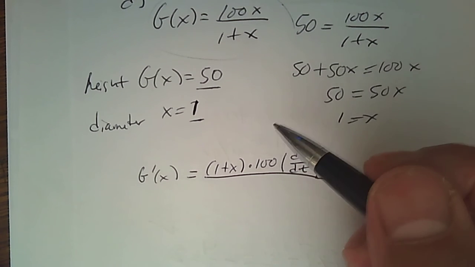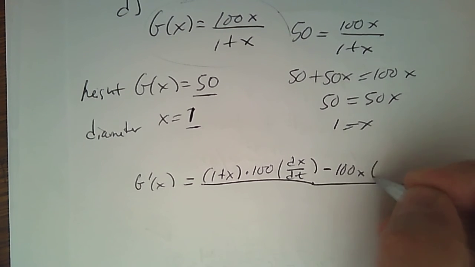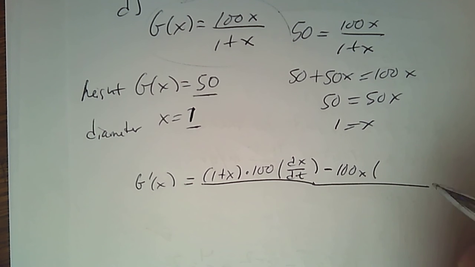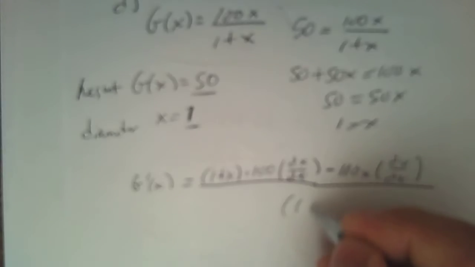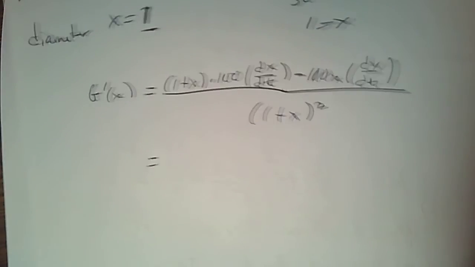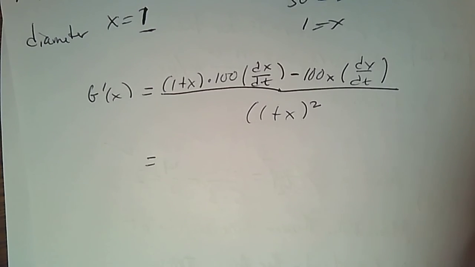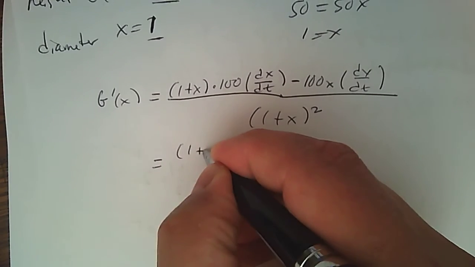Then it is subtract the top times the derivative of the bottom. Now the derivative of the bottom is 1, but it needs a dx by dt. And then the bottom squared. Next, I'm going to do some substituting, and I'm not going to simplify this down. So I know that x, we just said, is 1.